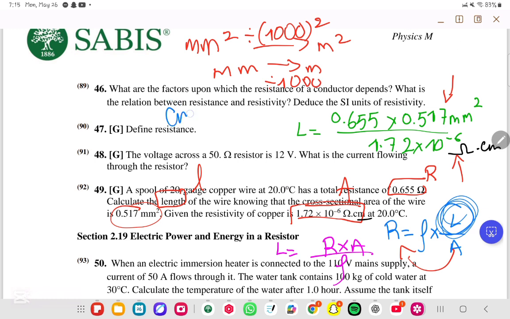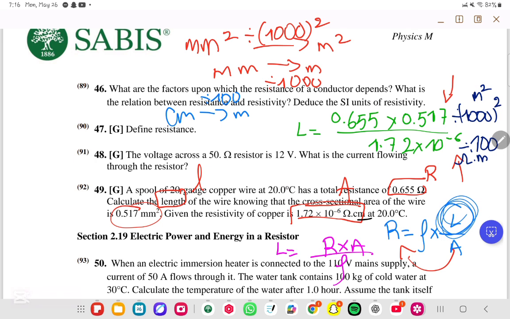And then from centimeter to meter, you will divide by 100. So now, if you change all of the information, this is going to be 0.517 divided by 1,000 squared. And this one, you will also divide by 100. So this unit will be meter squared and this unit will be per meter.